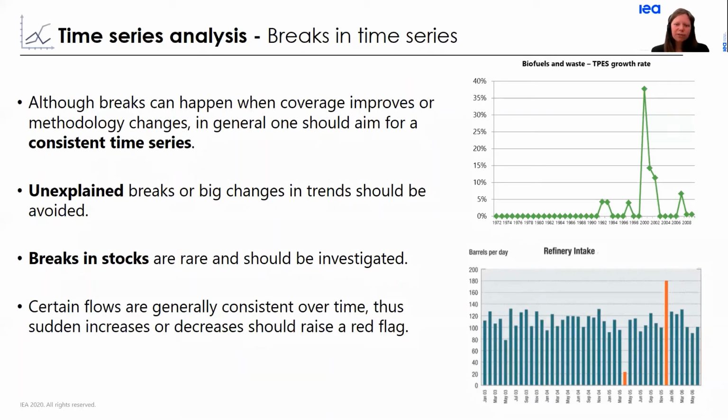The first one, the lower refinery intake, could be explained if the refinery was in maintenance at that time. However, the December 2005 one is much more difficult to explain because a refinery intake is usually quite constant because the refinery has been calibrated for a specific intake and cannot take more than that. So that would be really something that we would want to ask and check if there is not a problem with this data point.